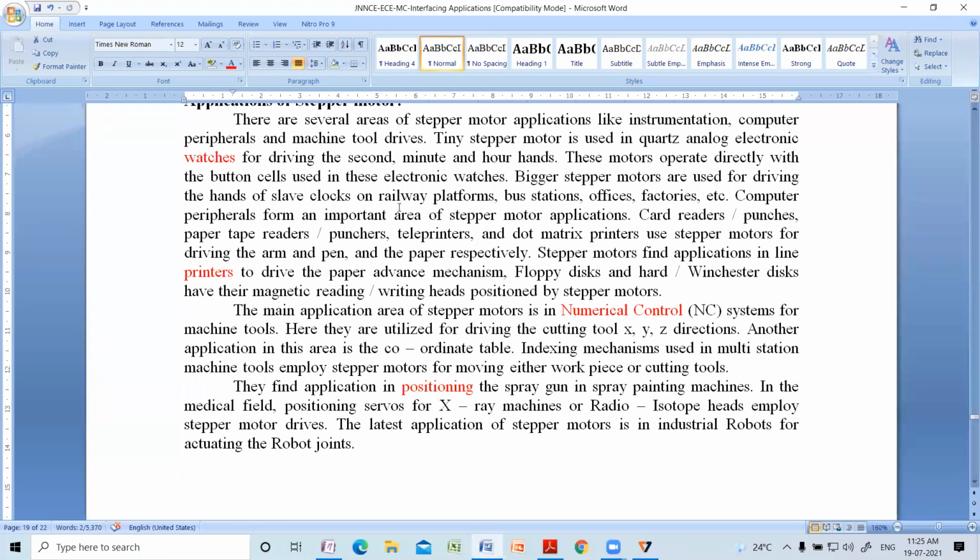The main application is numerical control systems for machine tools. Normally we use the stepper motor even in robotics. In your final year project work, you normally use a stepper motor for designing any line follower robot, or wherever there is a movement in steps.